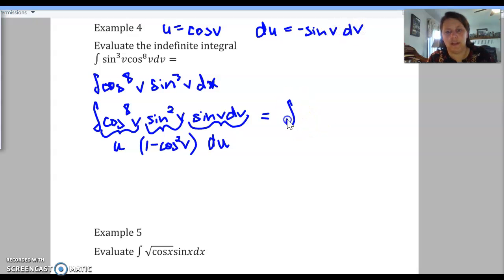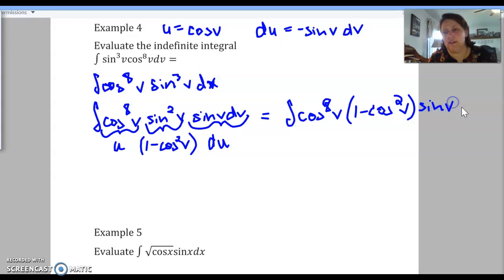Okay, so we've got the integral of cosine to the 8th v times 1 minus cosine squared v and then sine of v dv. And now we can do our u substitution. So we've got the integral of u to the 8th, 1 minus u squared, and then du.